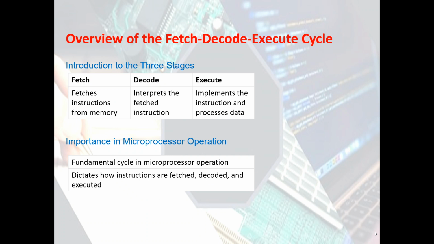So sa ating side, ito yung nakikita natin, yung execution na, 'di ba? We just give input to the system and then nakikita na natin yung result. So ano po ba yung importance ng microprocessor operation? Basically, this is a fundamental cycle in microprocessor operation and dictates how instructions are fetched, decoded, and executed.